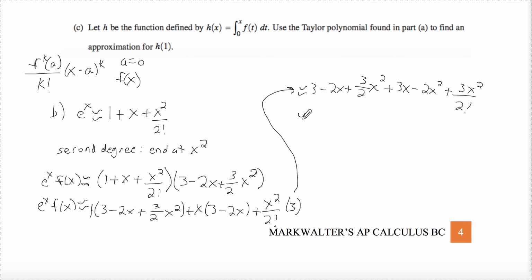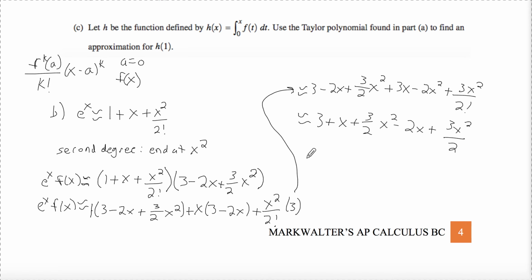It doesn't have any like terms, so it's going to be 3 minus 2x plus 3x, which combined gives us a plus x. 3 halves x squared has partners. So let's write this down for now: 3 halves x squared, minus 2x squared, and 3x squared over 2 factorial is also just 3x squared over 2.